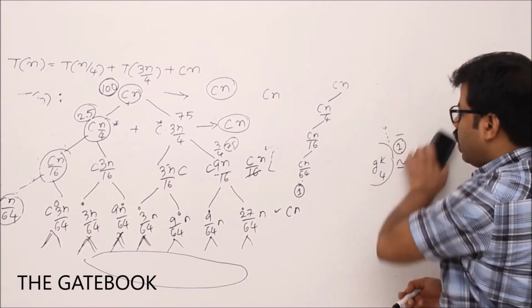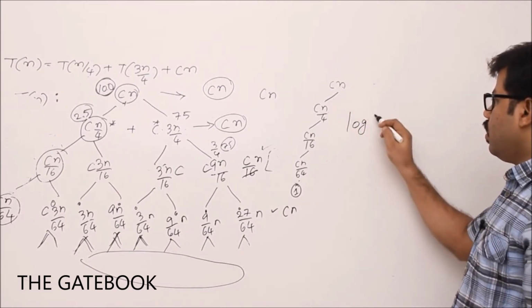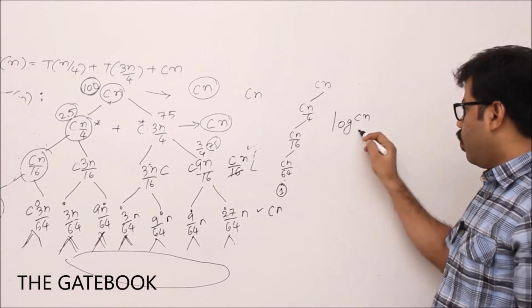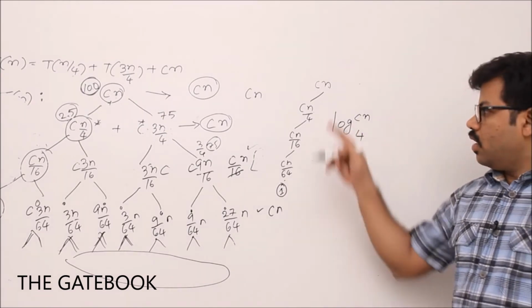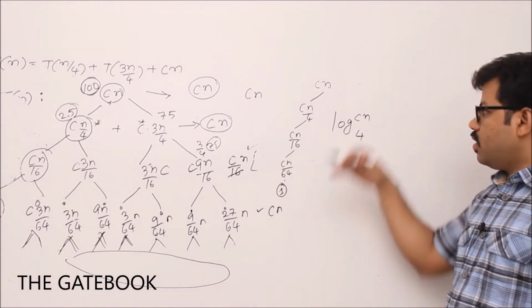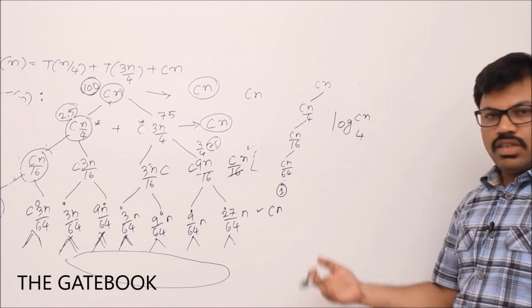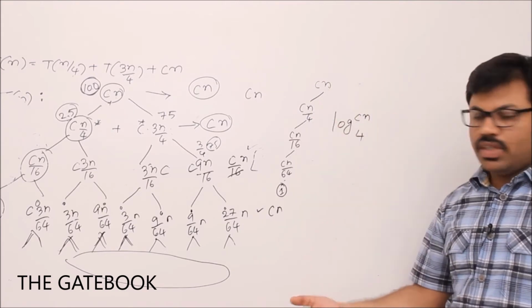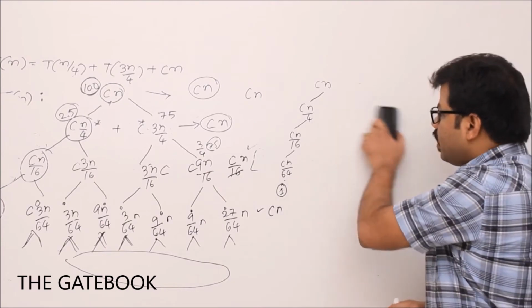So if you follow that technique, you understand that it is log Cn base 4, since every time you are dividing by 4. That's why after log Cn base 4 iterations, this is going to be terminated. That means that many steps you will have. These steps represent the depth, otherwise the length of this path, correct? I want the length of this path.